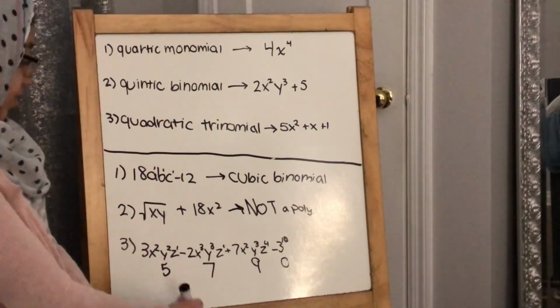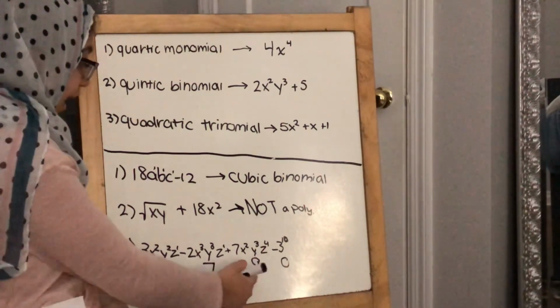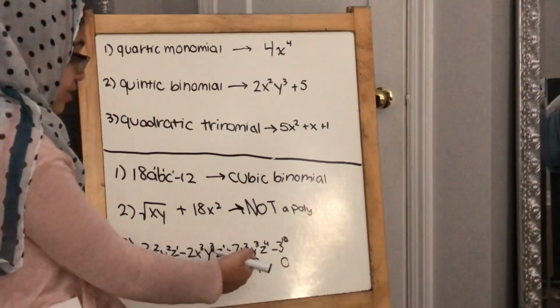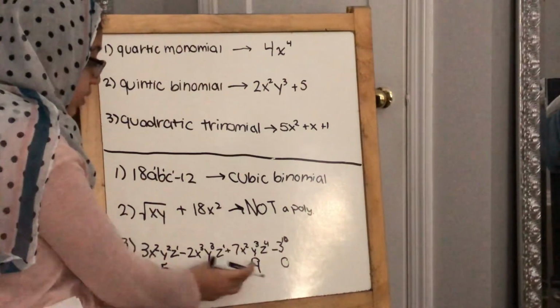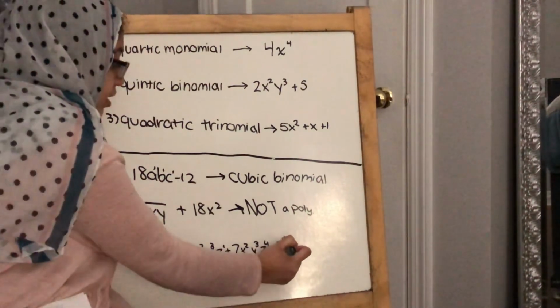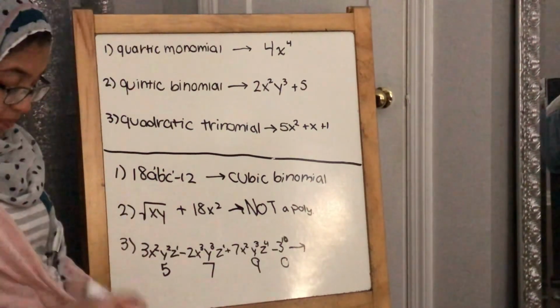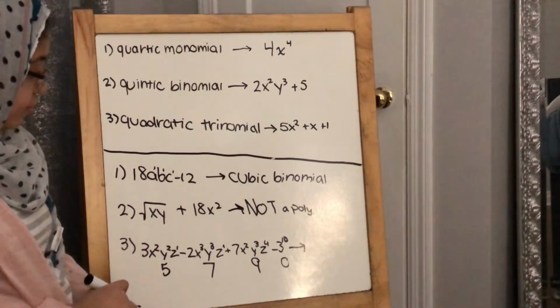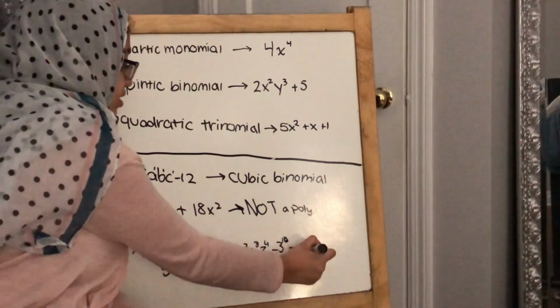So we see that the term with the highest exponent sum, or the highest number of variables, is this one, and we have a degree of 9. Whenever the degree is above 6, there's no specific name, so you just list that the degree is 9.